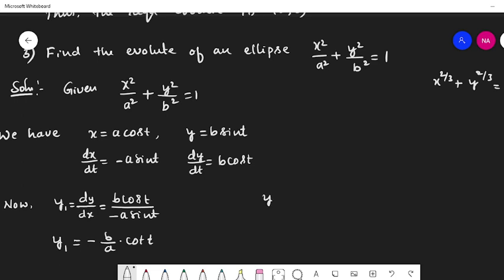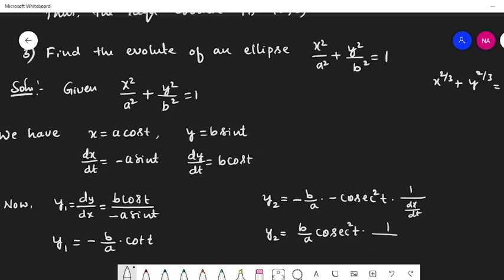Now y2, we have to differentiate this again with respect to x. Minus b by a into the derivative of cot t, that is minus cosecant square t, into the derivative of t with respect to x, that is dt by dx, that is nothing but 1 by dx by dt. So y2 will be minus into minus plus b by a cosecant square t into 1 by dx by dt, that is minus a sin t.